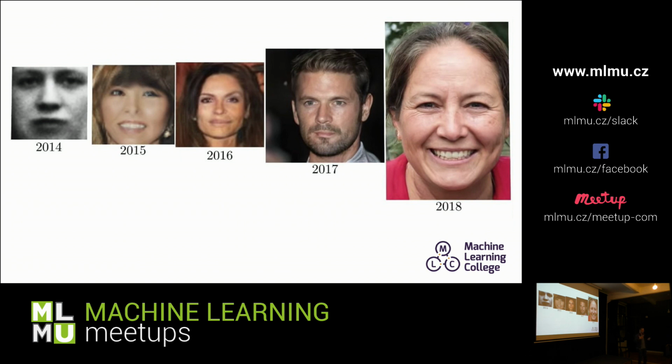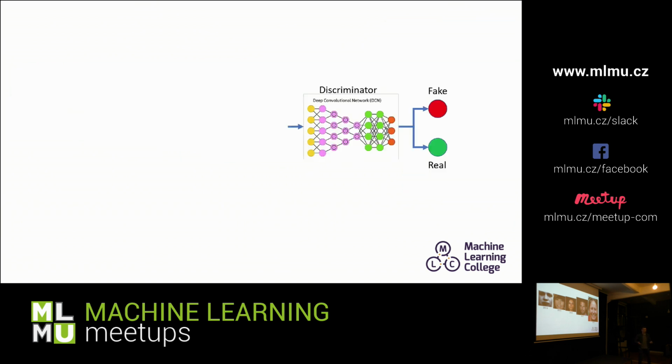I would like to tell you the basic idea of generative adversarial networks, because it's nice. When we train these generative models, we actually have two models. One is kind of a policeman, whose input is an image, and this policeman should say if the image is fake, which means generated, or real, from a picture of a normal real person.